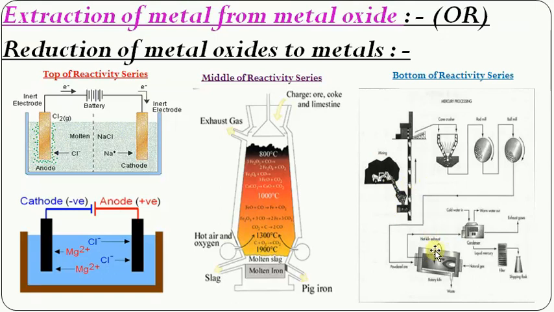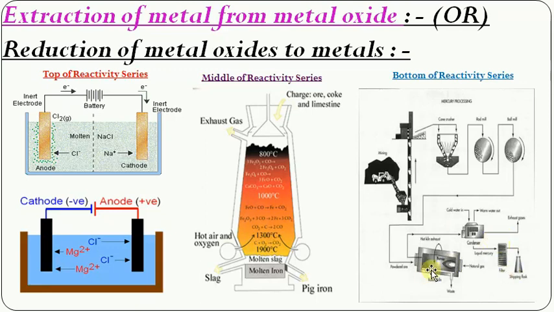HgS is roasted, converted into HgO, and then it is vaporized. The mercury gets vaporized, and then it gets cooled. The condensation process takes place, so the mercury vapors are converted into liquid mercury. So this is what happens, so we can easily extract it.